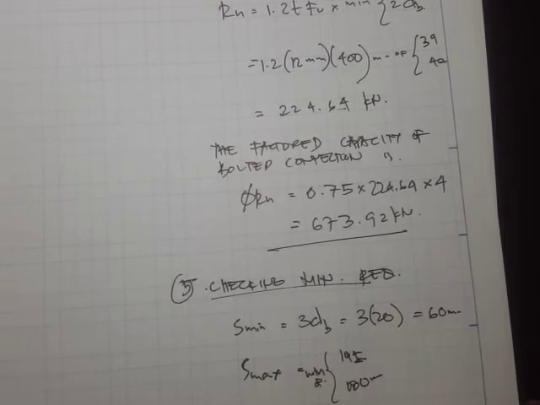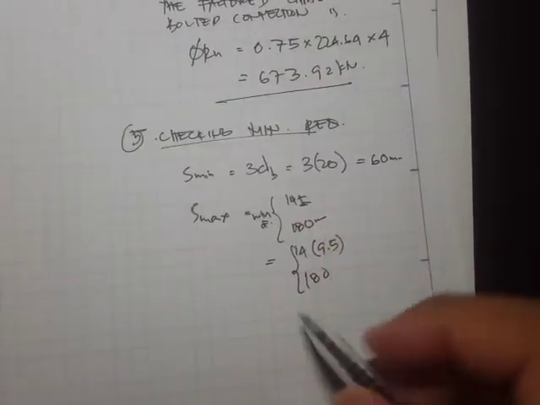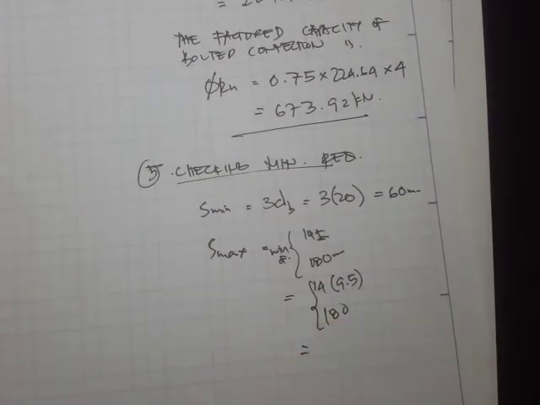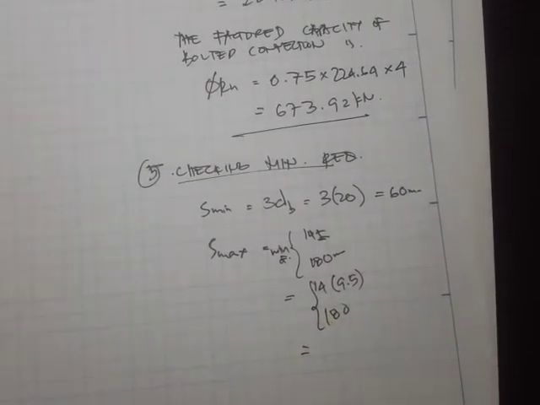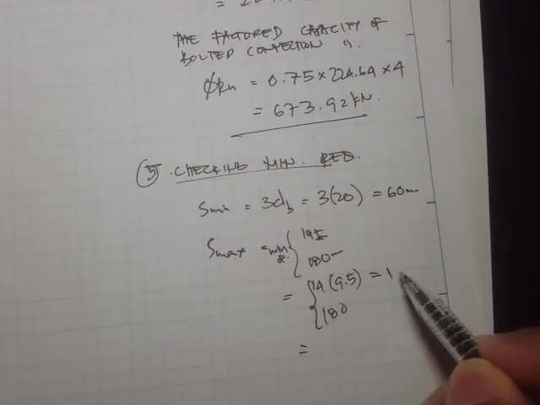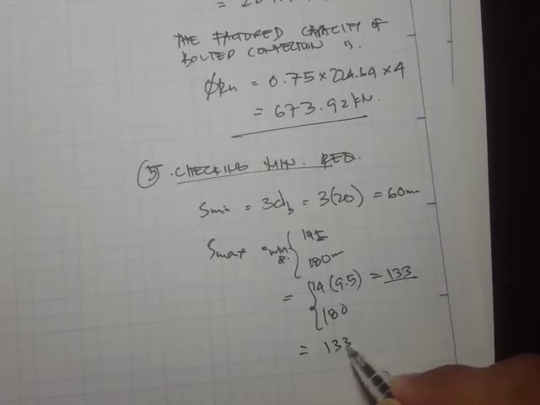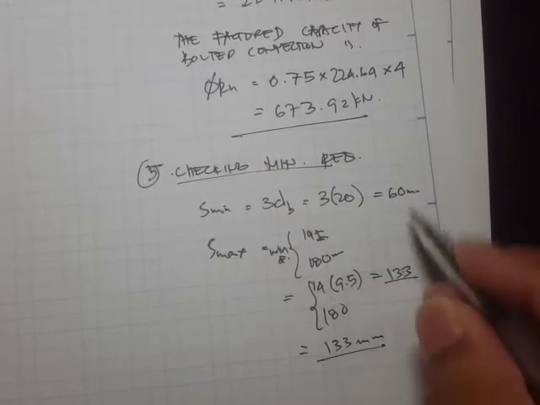So this one should be 14 times the 9.5 or 180. Okay, so 14 times 9.5, that's 133. So therefore our S maximum is 133 mm.